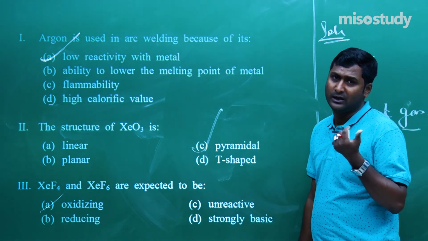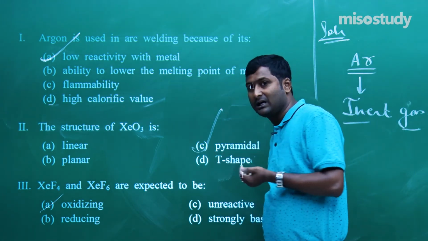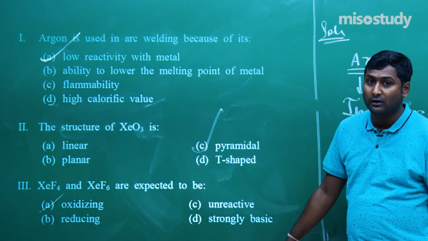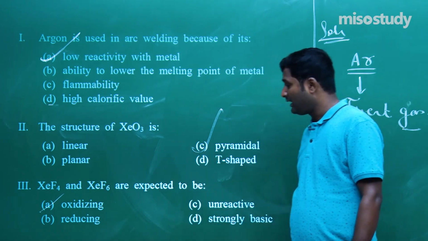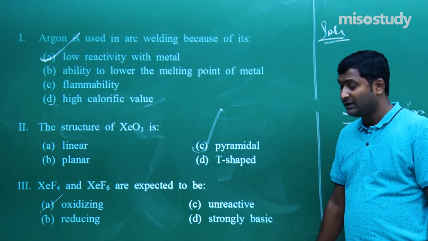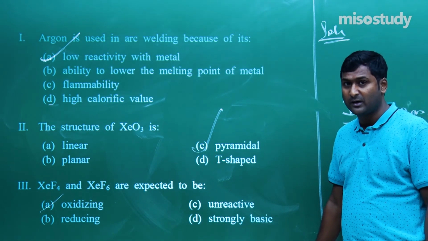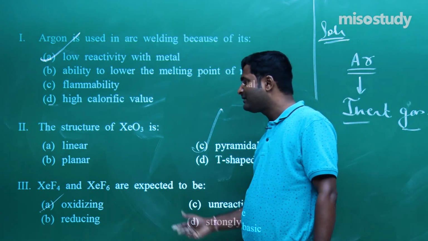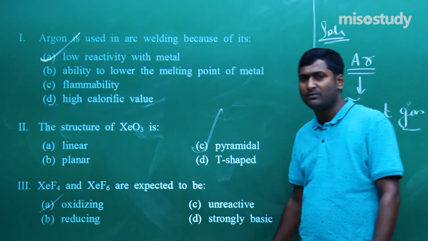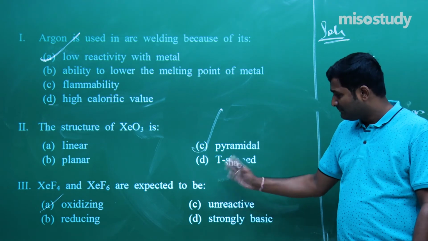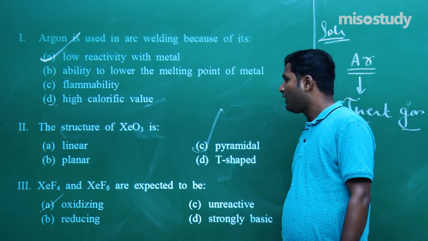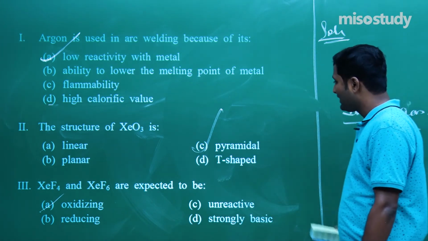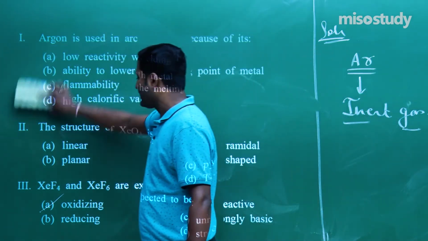If I talk about helium, neon, argon, krypton, in xenon a slight reaction is possible and they form a few compounds. So in this case they are generally treated as oxidizing. Clear, friend? I think now you can easily solve such questions, which are completely theory based.